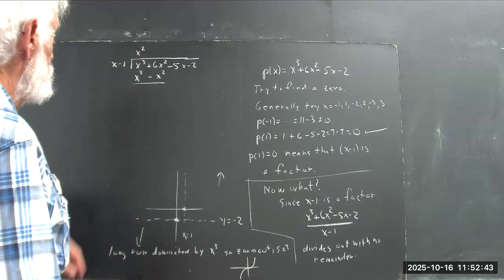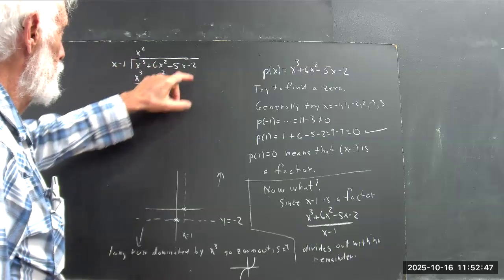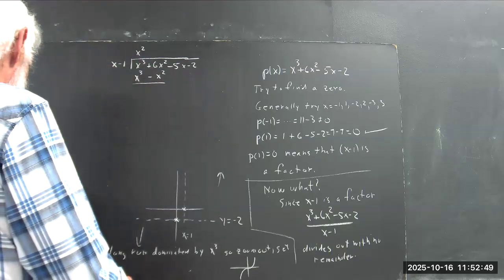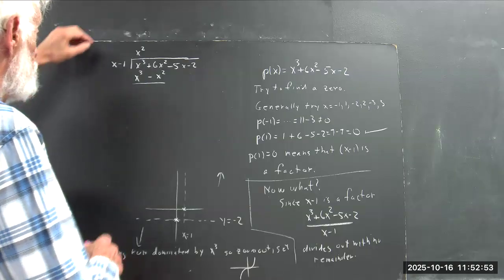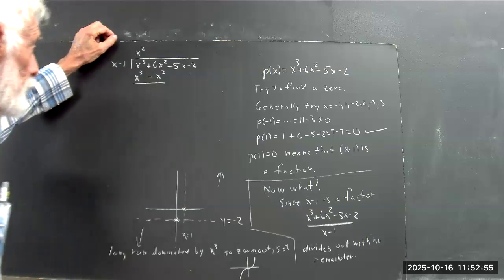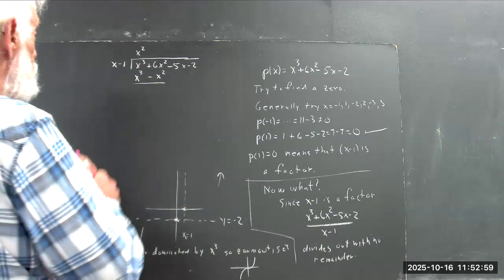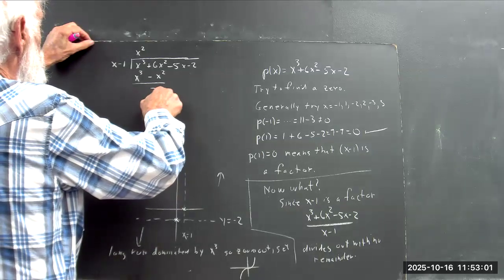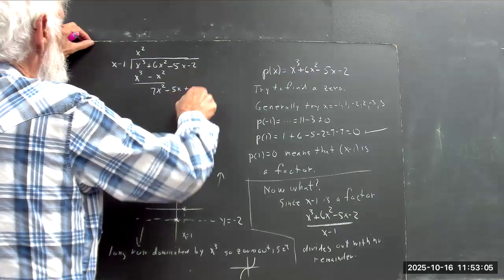So what have we got left? If we've got x cubed minus x squared, how much of this do we have? Well, let me get my chalk here. Turns out we have 7x squared minus 5x plus 2.